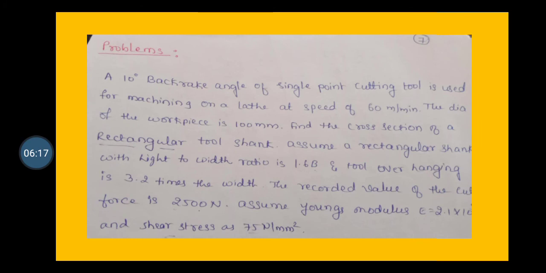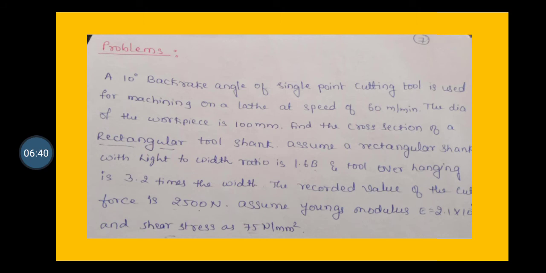First problem. A single point cutting tool with a 10-degree back rake angle is used for machining on a lathe at a speed of 60 meter per minute. The diameter of the workpiece is 100 mm. Find the cross section of a rectangular tool shank.